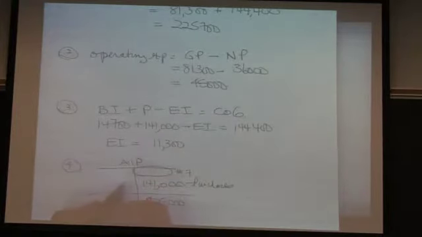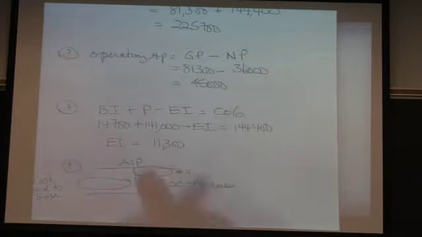And this is what we're looking for: cash paid to supplier, right? Because we have 2 unknown pieces of information, we might need to solve number 7 first.